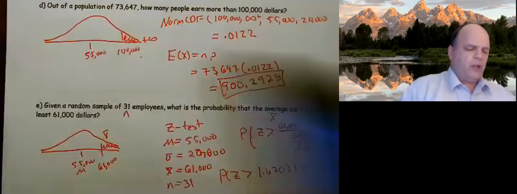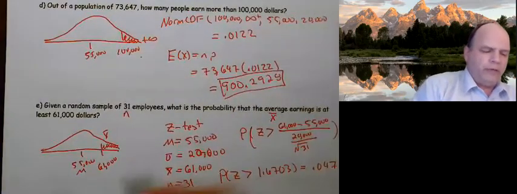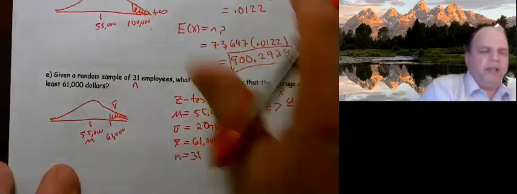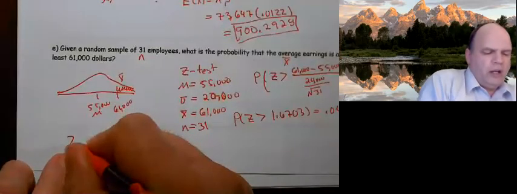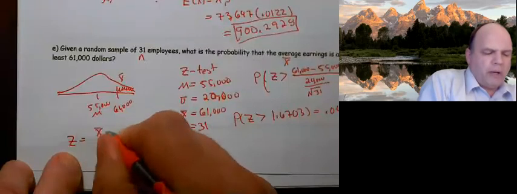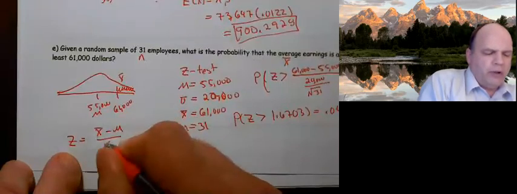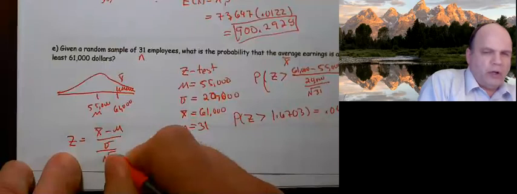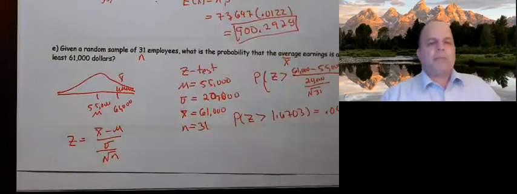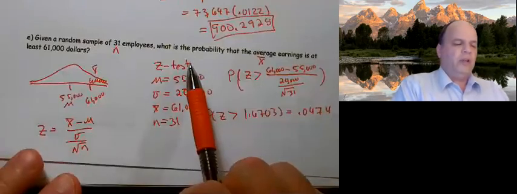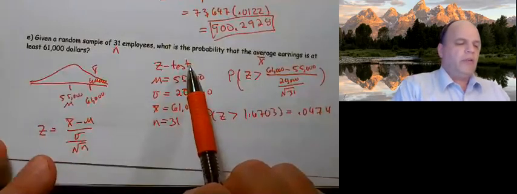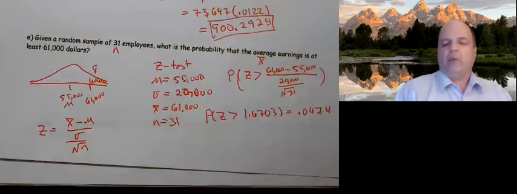Our actual formula for this one was simply Z equals X bar minus mu over sigma divided by the square root of n. And by the way, this was a Z test, versus the normalcdfs that we used on the other ones.